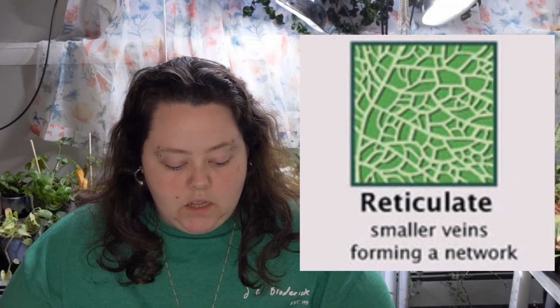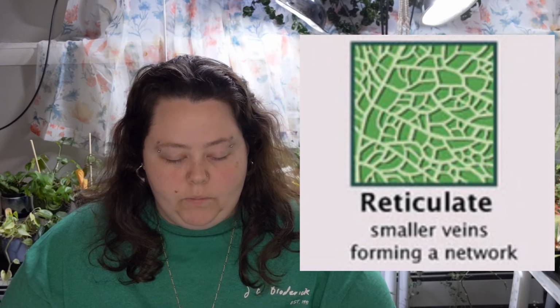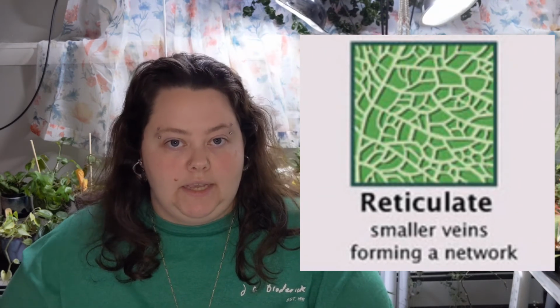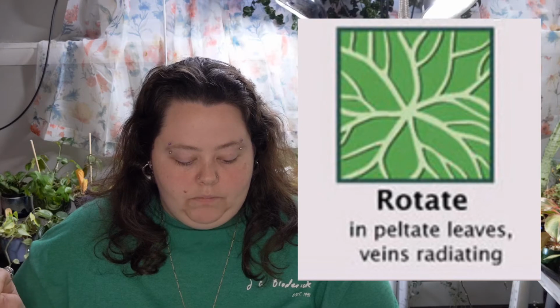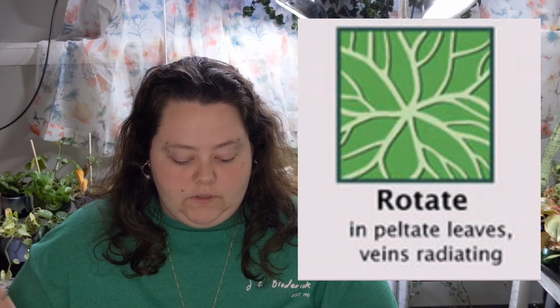Reticulate veins are smaller veins forming a network, so those are like the secondary veins. Cross-venulate are small veins connecting secondary veins, so those are the minor veins. Rotate venation in petiolate leaves, the veins radiate from the petiole, right?